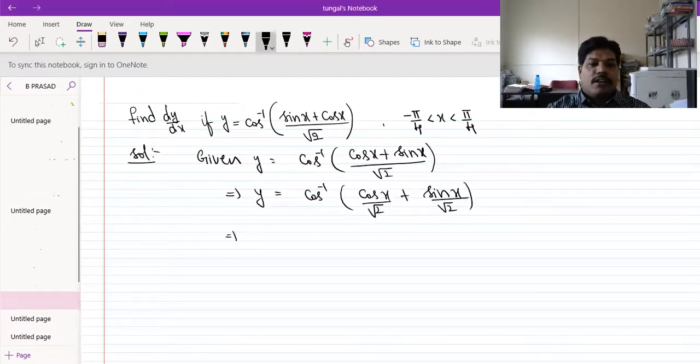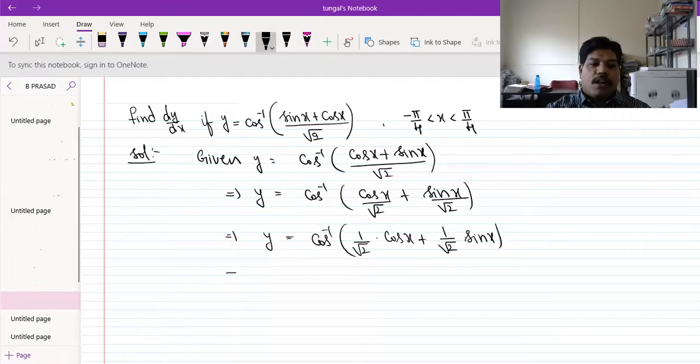So this can be written as y is equal to cos inverse of 1 by root 2 into cos x plus 1 by root 2 into sin x.